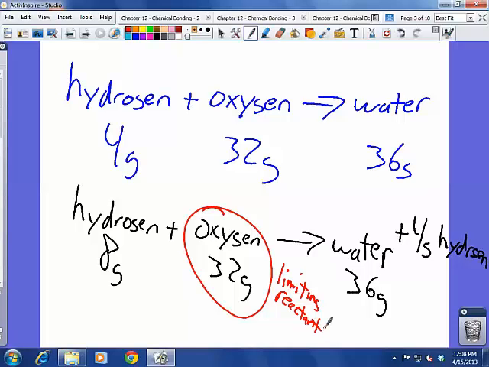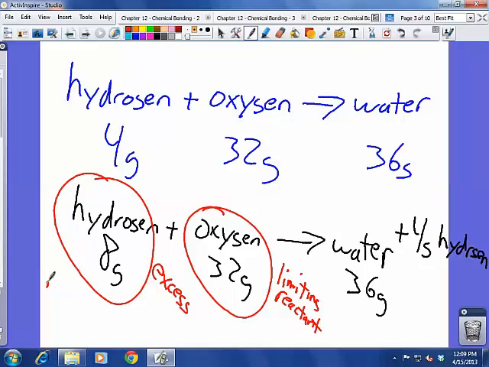We say it's limiting because once it's used up, that limits what we can do here. So that means in this case, for the hydrogen, we have an excess. We have too much hydrogen, not enough oxygen. So that means we're going to be left with hydrogen in the end.